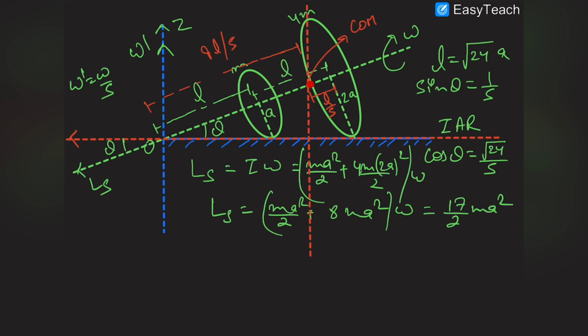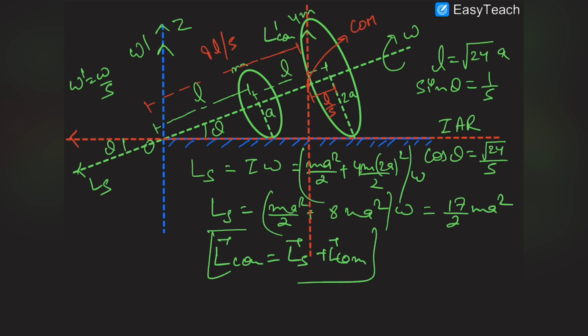So this is the rotational angular momentum. Let's suppose that this angular momentum is L com dash. So the total L com will be equal to L spin plus L com dash, vector sum. So this would be the total angular momentum of the system about COM.